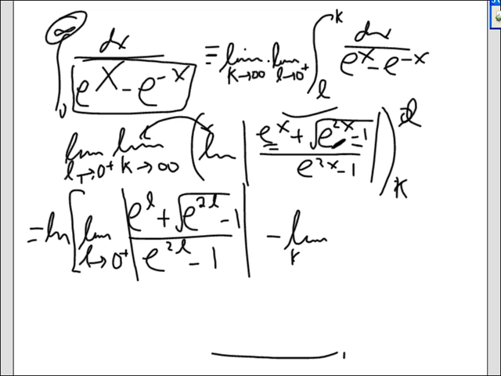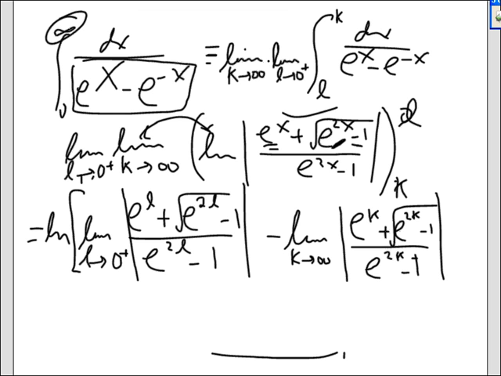The limit is k goes to infinity, and I plug k in. I get e to the k plus the square root of e to the 2k minus 1, divided by e to the 2k minus 1. Now, if any one of these limits does not exist, we're done.